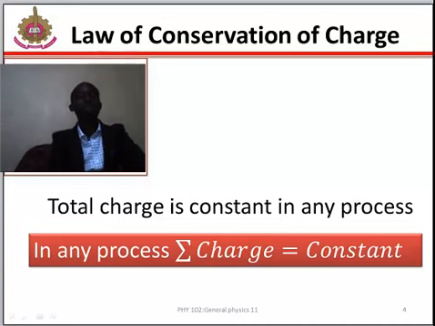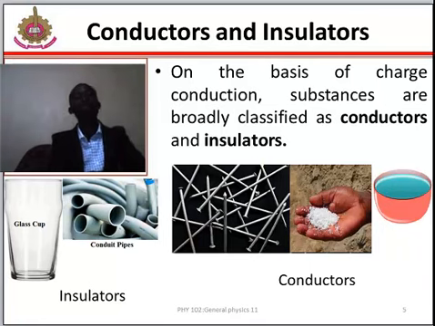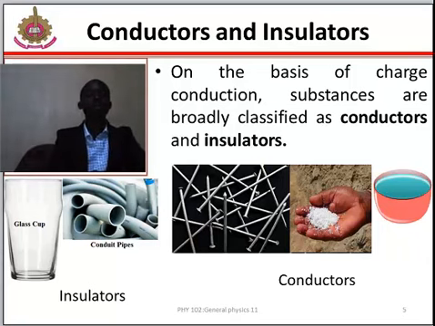Now let's talk about insulators and conductors. On the basis of charge conduction, substances are broadly classified as either conductors or insulators. Some substances, such as metals like an iron nail and salty water, allow charges to move through them with relative ease. Free electrons can move through the material, just as air moves through loose sand.